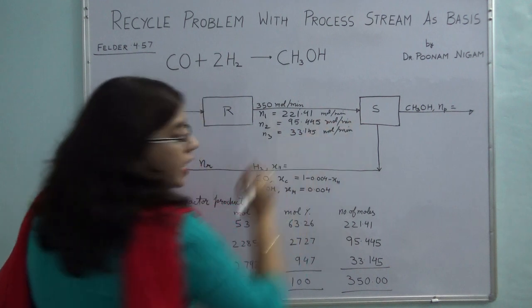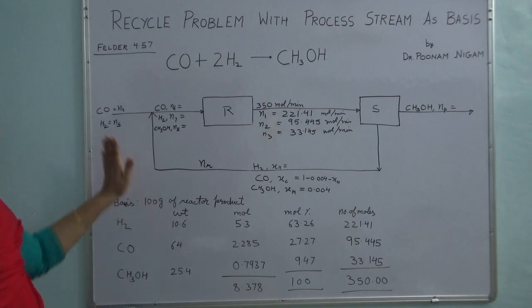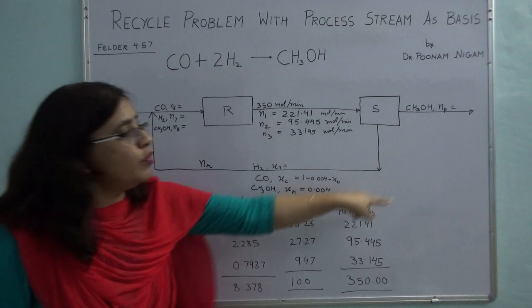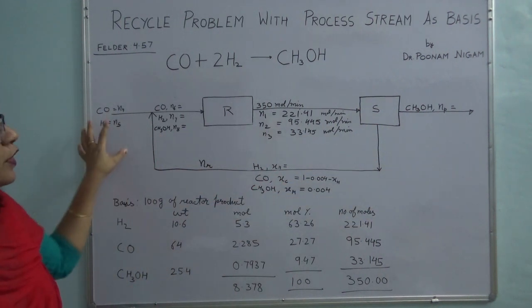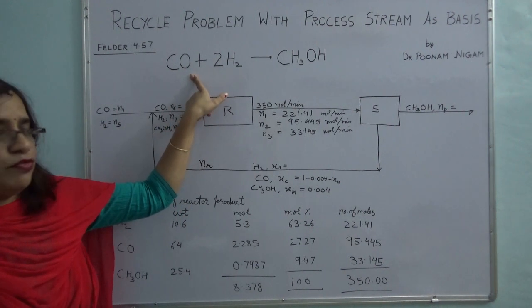Fine. So I have calculated till now, I have converted all the weight fractions into mole fractions. Now let's start the problem. I told you, let's try and take my overall degree of freedom. I have 3 unknowns, plus 1, there is one reaction. So 4 unknowns.